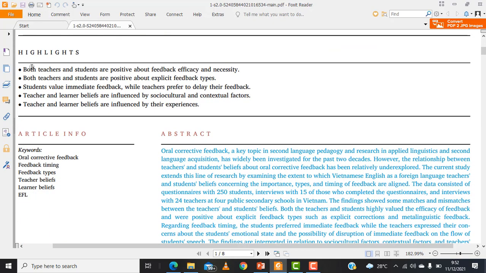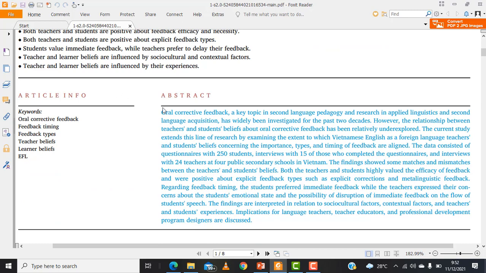Okay, and this is actually the abstract. Take a look. The first sentence is about the background of the study, and the second sentence is about why this study is necessary to be conducted, and the third sentence is about the scope of the study.